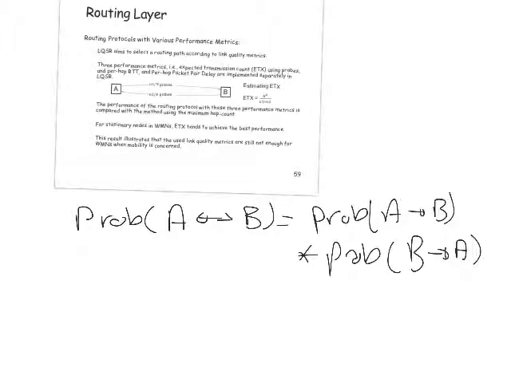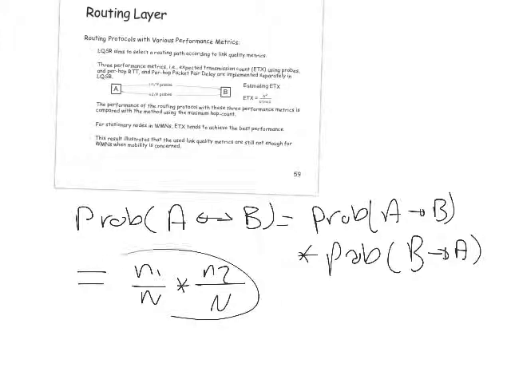So the probability of sending one single packet, this is the probability of success. This is the probability from A to B given that the packet is successful. This equals N1 divided by N multiplied by N2 divided by N. I don't care about this, just call this P. This is the probability of success for one single packet.